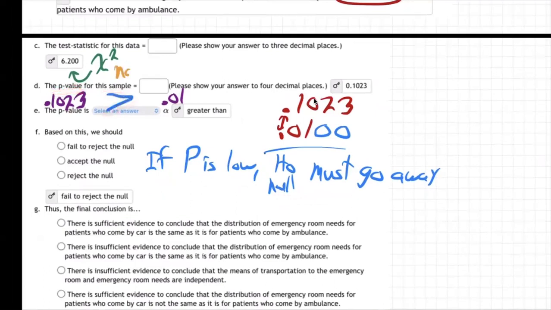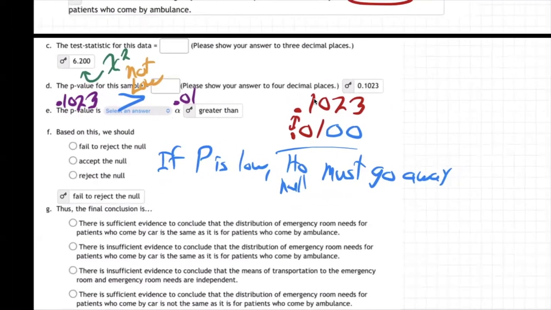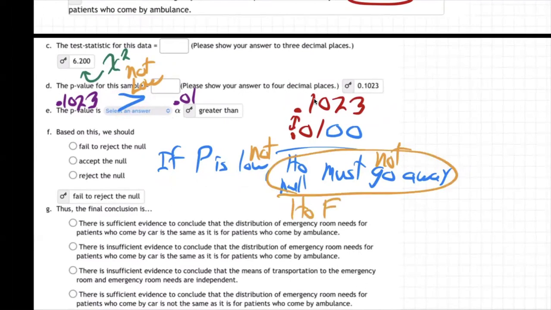It's not low. So then I got to go back here and put a not on this. P value is not low. The H0 must not go away. So in our case, the null must not go away. So the H0, we fail to reject, right? It's not going away.